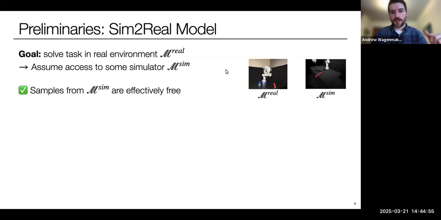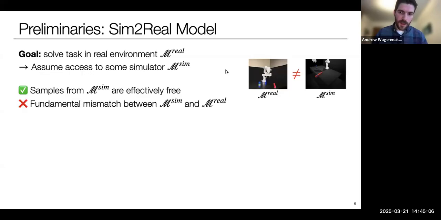Now, the advantage of sim is that the samples we assume are effectively free. So we don't really care about reducing sample complexity in sim. We just assume we can spend a lot of samples learning behaviors in sim. But then there is some fundamental mismatch between sim and real. So while sim might correspond to real in some way, it's not able to perfectly represent it. And I'll be more precise in the following about what this mismatch looks like.